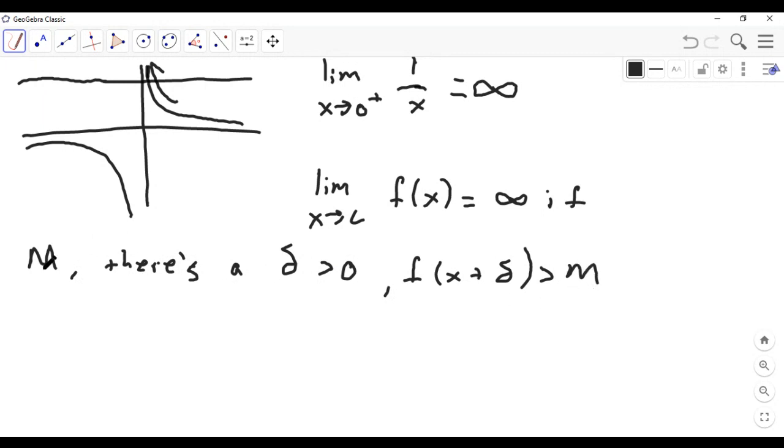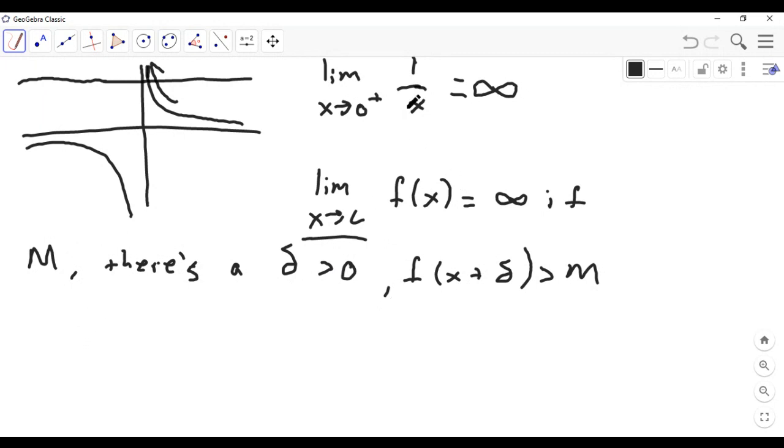And what that means essentially is the bigger the number you choose, the closer and closer you get to this actual value of x where you're trying to test the limit. As m gets bigger, you just get closer and closer to that actual value, but you just keep increasing your function value.